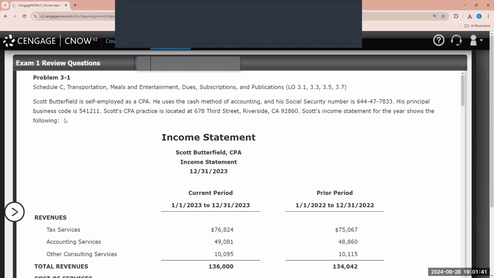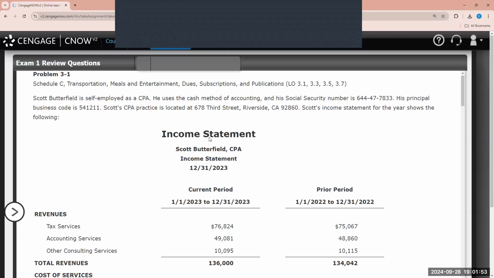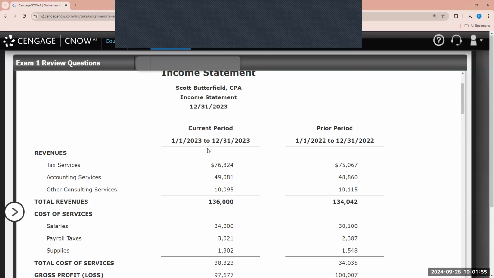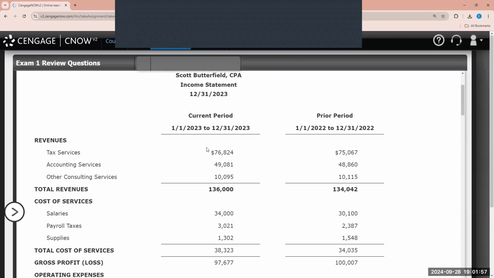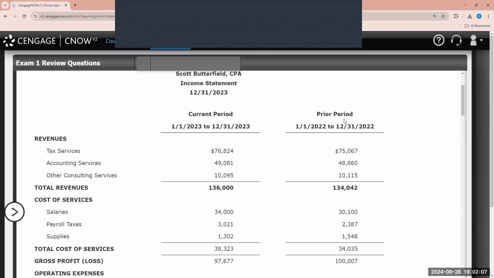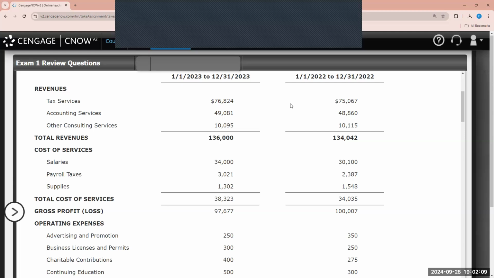Scott's CPA practice is located at 678 3rd Street, Riverside, California, 92860. Scott's income statement for the year shows the following. So we have the income statement for the current period, January 1st, 2023 to December 31st, 2023, and then a comparative statement for the prior period, January 1st, 2022 to December 31st, 2022.